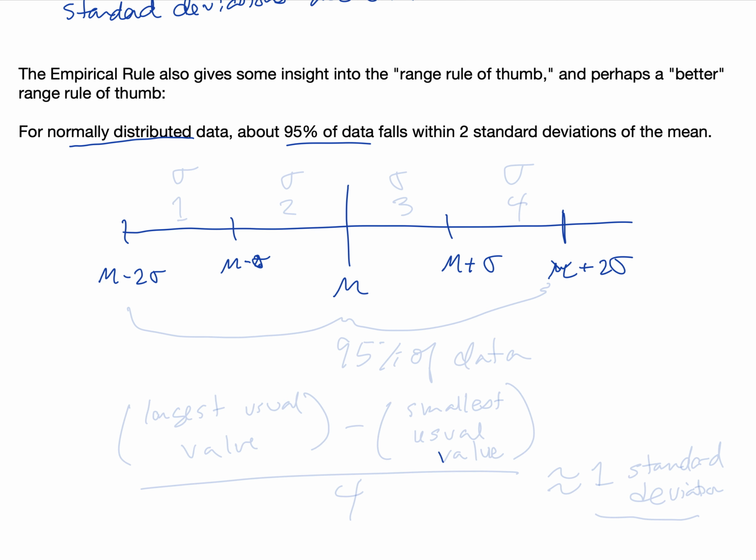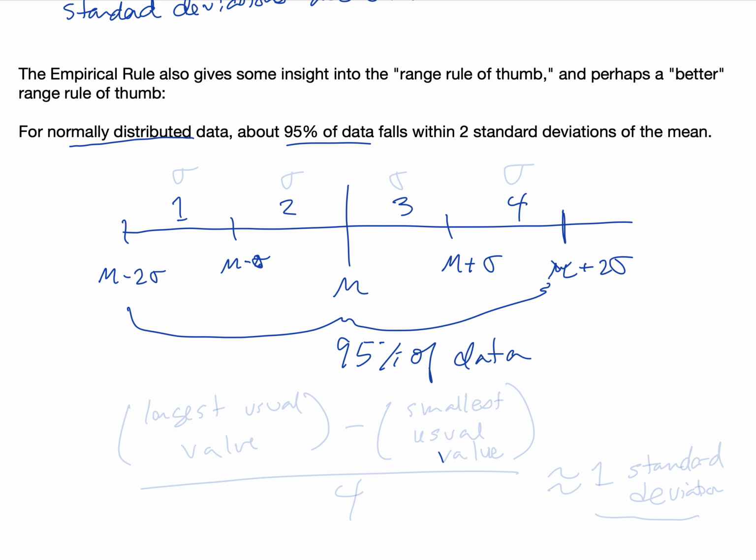And now we can break that up. So this is 1, 2, 3, 4 chunks, and that contains 95% of the data.